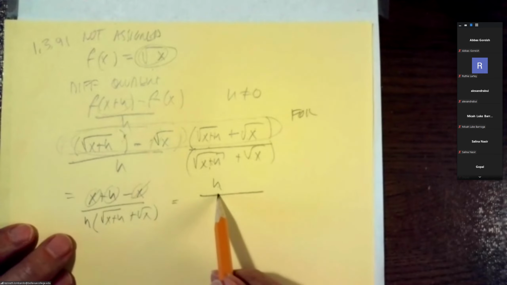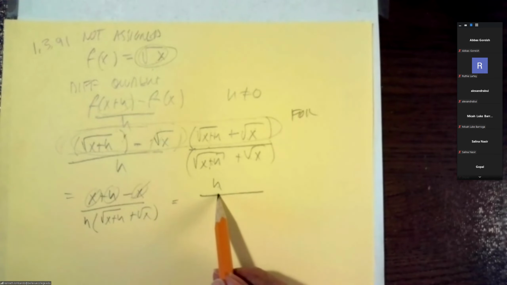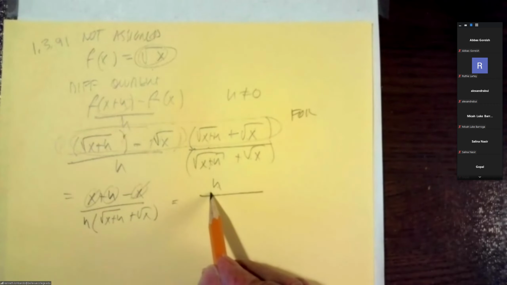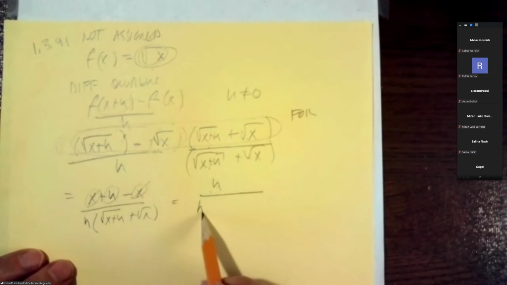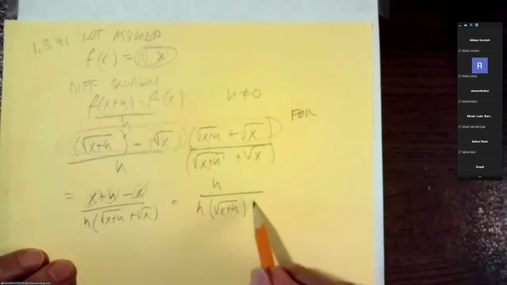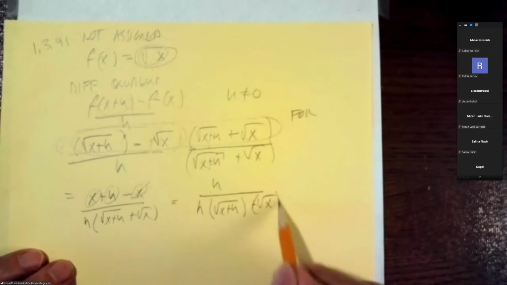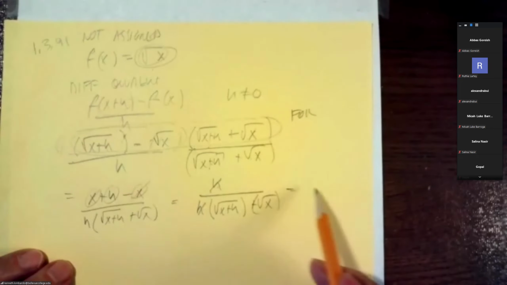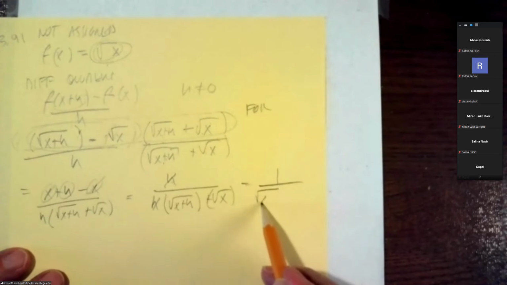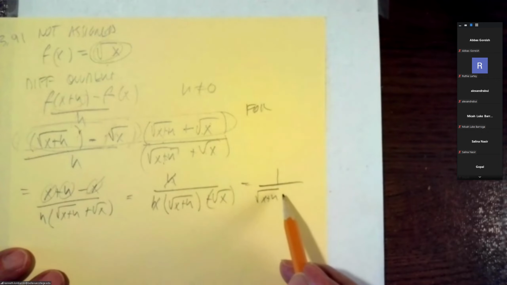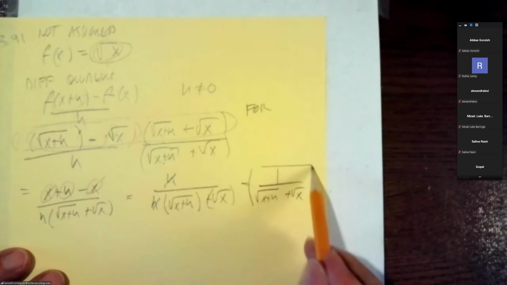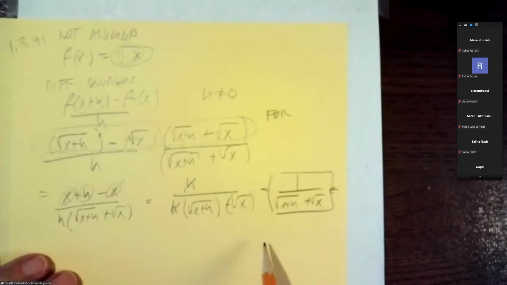So we're just going to have h in the numerator. And in the denominator, we'll have h and root x plus h plus root x. And those h's will cancel. So we'll end up with 1 over root x plus h plus root x. And that should be what we have left.